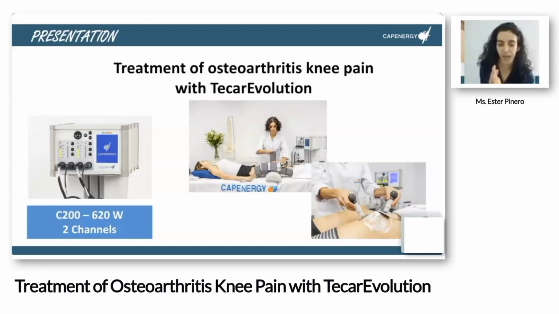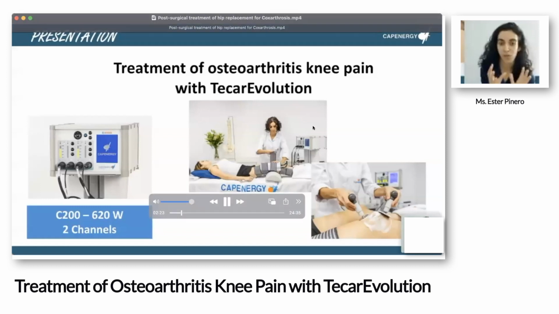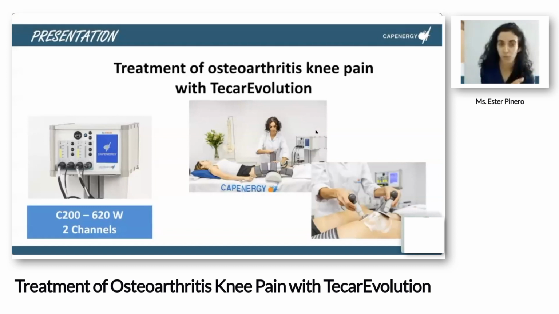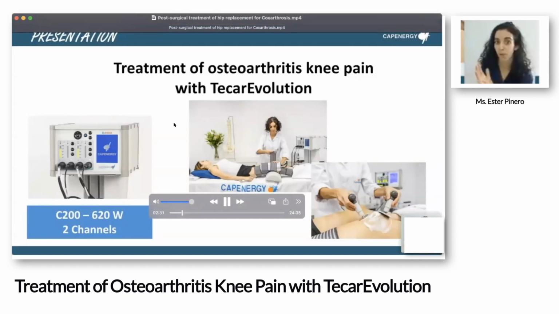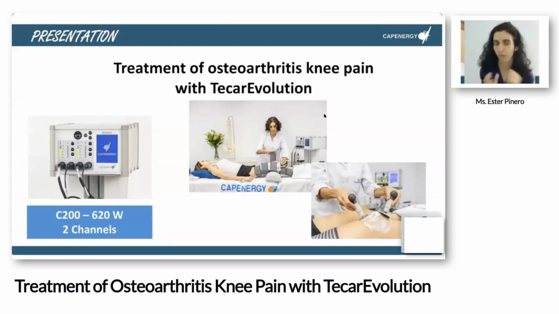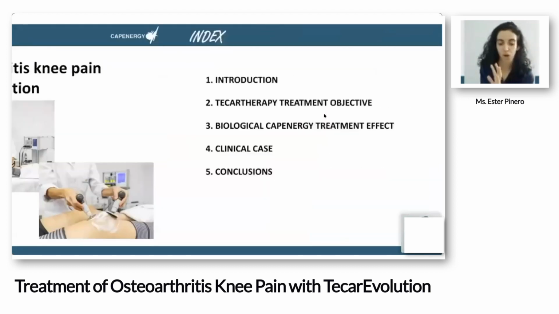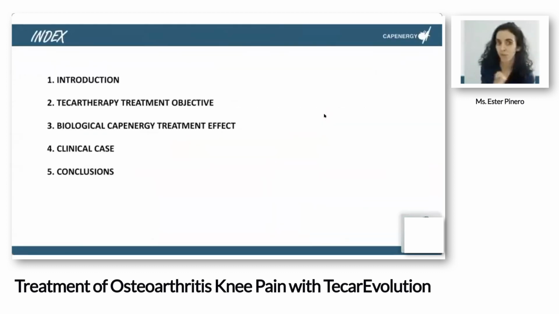Here in the presentation, you can see how we can do a treatment of a knee. On one side, an automatic treatment, and on the other side, a manual treatment. Normally, we combine these 2 types of treatments. But well, first, we're going to make a summary of what we are going to do today.